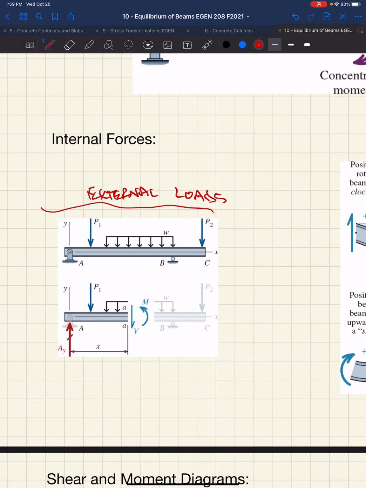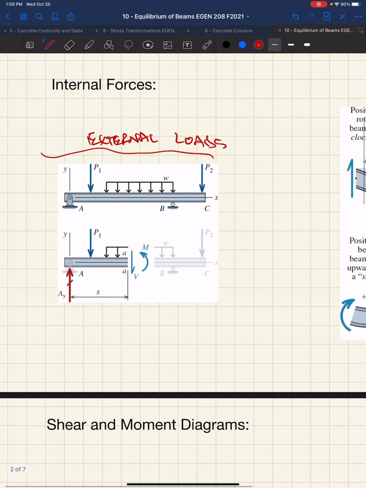So if we look at this beam configuration, right, we have a simply supported beam with an overhang, right, points A, B, and C. We have some point loads and a uniformly distributed load, okay? So those are our external loads. And then we have our internal forces, right, that are resisting those external loads, those internal forces and external reactions.